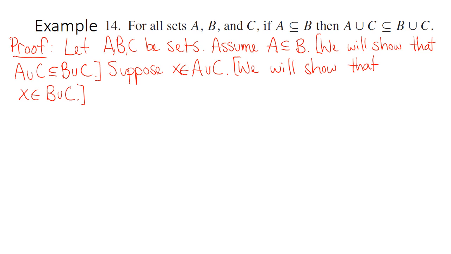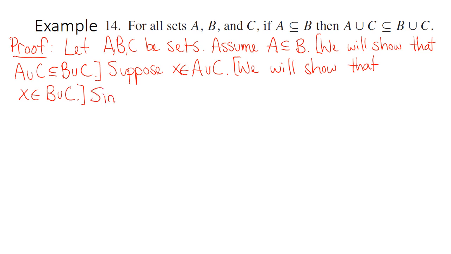How are we going to do that? What are the things that we know about X? Well, we know that X is in A union C. And what else do we know? We also know that A is a subset of B. Okay, let's do it like this.